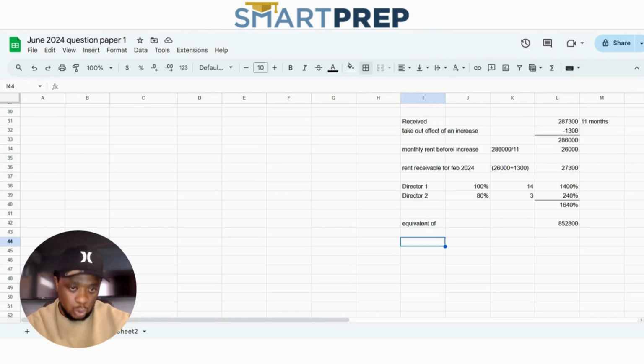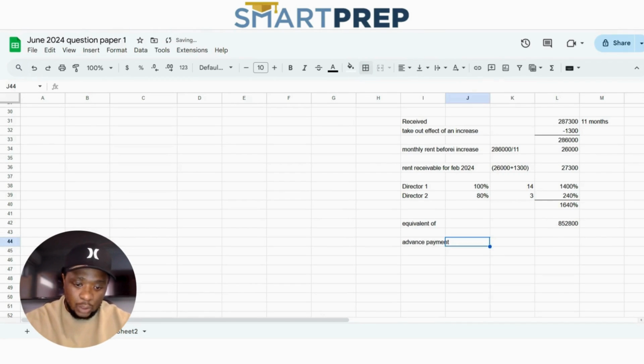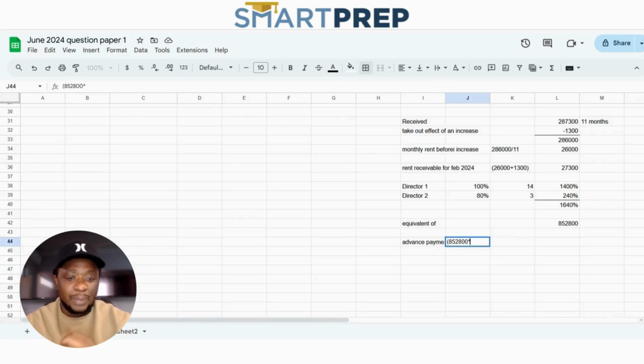So how do we work out those? Well, we're going to say the advance payment, then we're going to take our 852,800, and multiply by what we're looking for. What we're looking for is 200%, and then we divide by what we have, which is 1,640%.